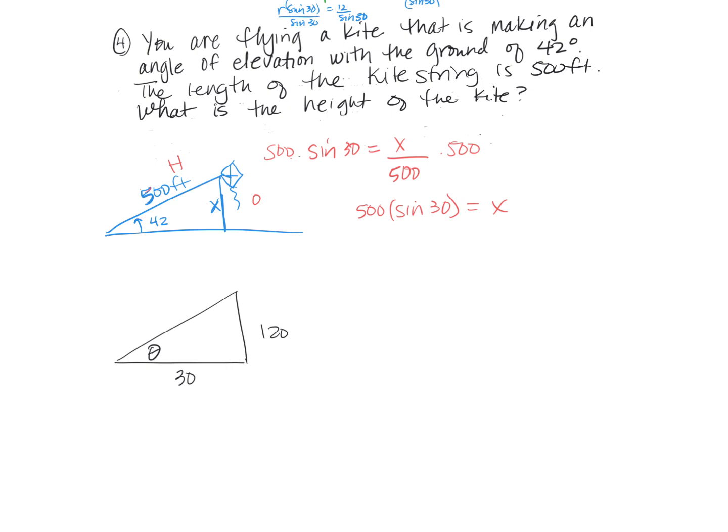Again, what two sides do I have relative to theta here? I have opposite and adjacent, so which of my trig ratios uses opposite and adjacent? Tangent. So I would say tangent of theta, that's the unknown, is opposite over adjacent. Right?